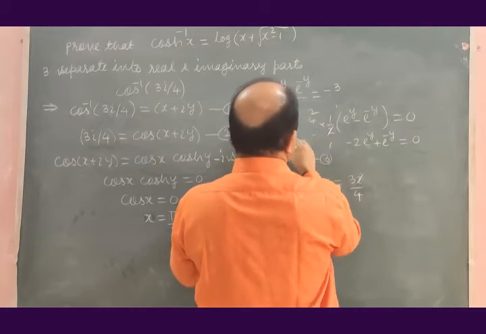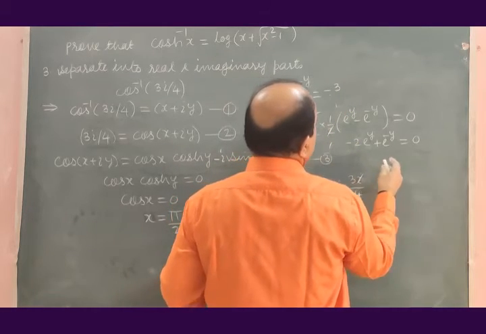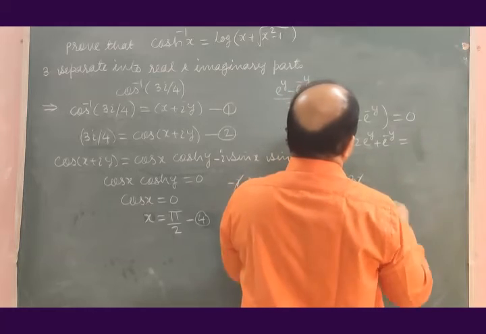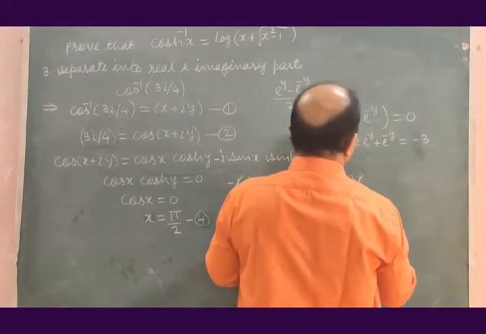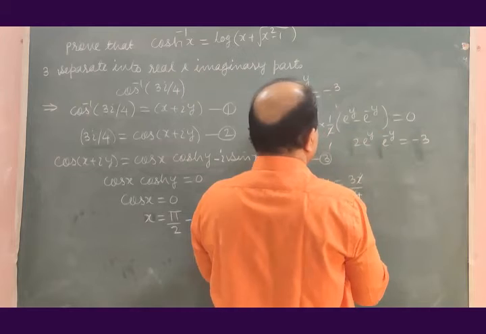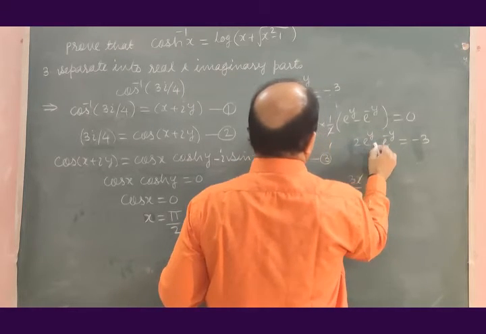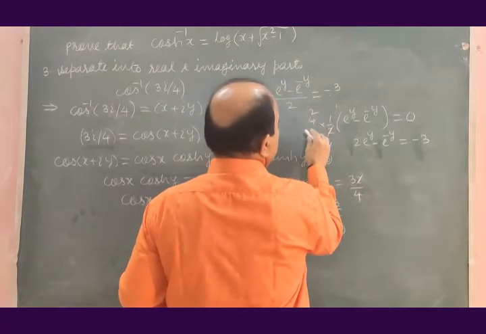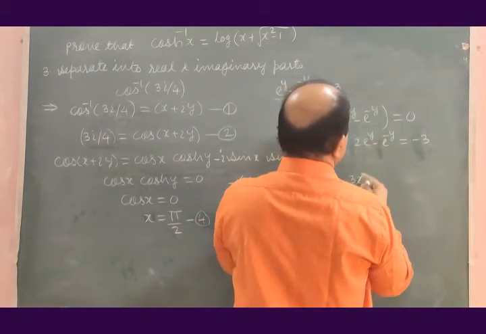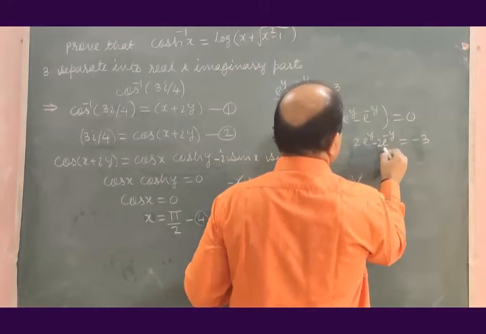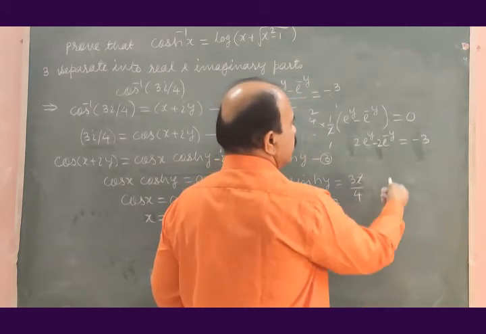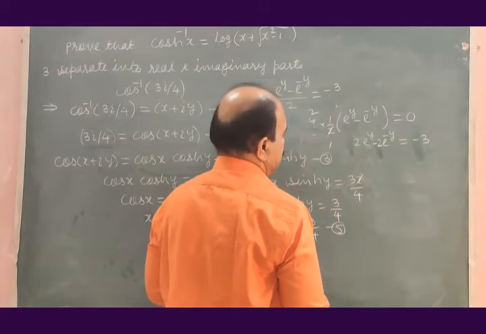So what will happen? 2 ones are 2, 2 twos are 4, 2 e to the power y minus 2 e to the power minus y is equal to minus 3.